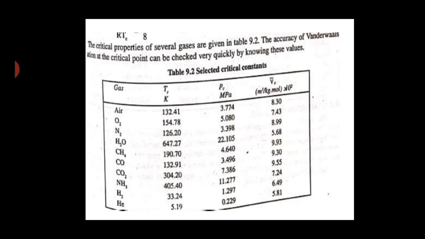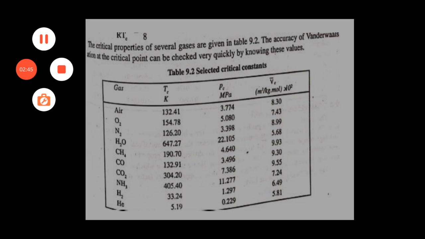The critical temperature is 126 Kelvin and the critical pressure is 3.398 megapascal. And the critical volume is also given as 8.99, that is the molar specific volume. So for nitrogen, the critical properties are 126 Kelvin as the critical temperature and 3.4 as the critical pressure.